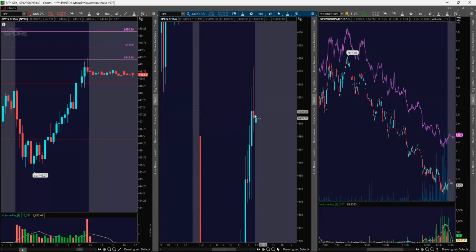Let me do the actual math here. 449.23 times 10 would be 4,492.3, but you can see that the actual high on SPX was 4,503. So that is an 11.7 difference.